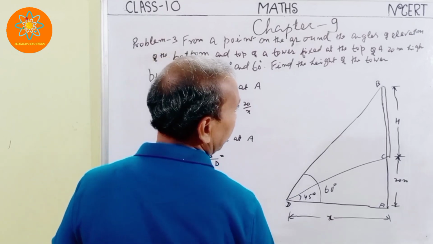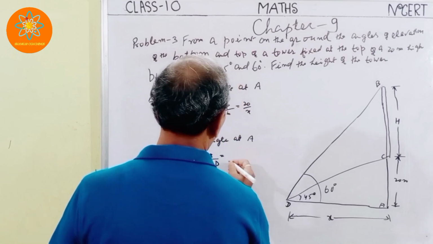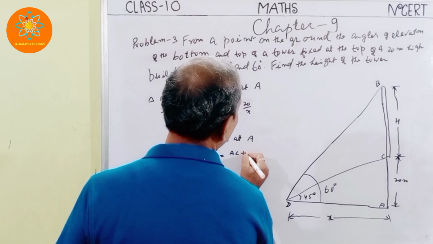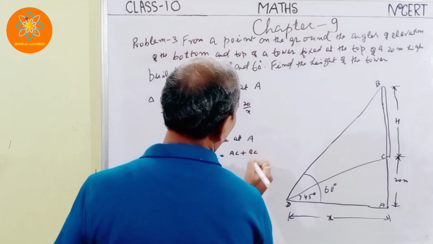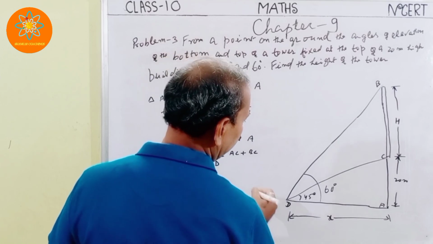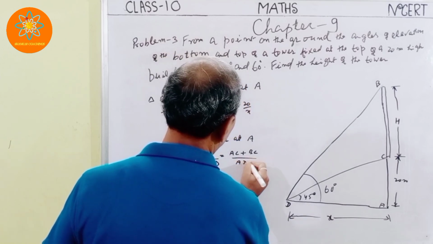So AB is how much? AB is AC plus BC, divided by AD.